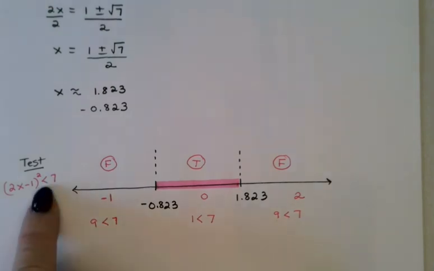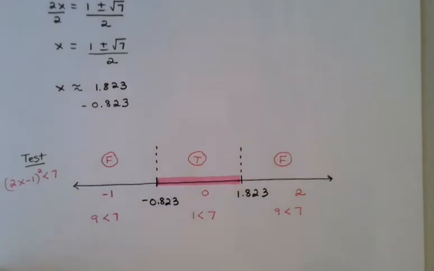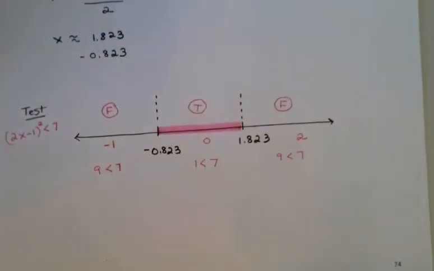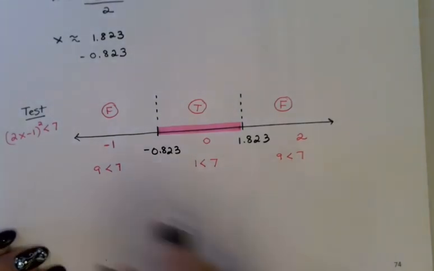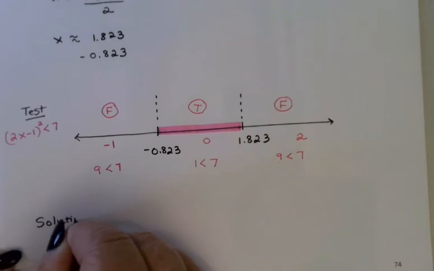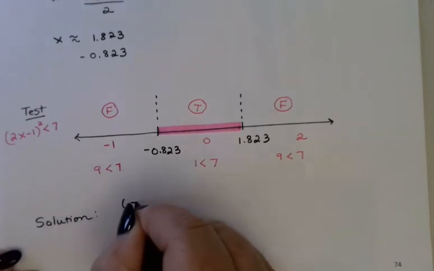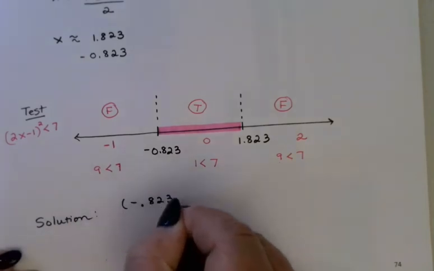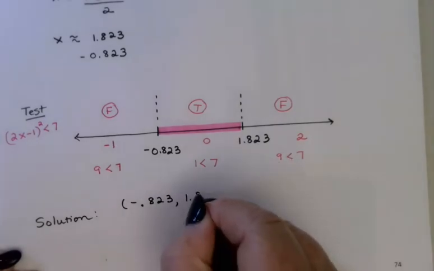Now my original inequality was strictly less than, not less than or equal to, so I'll use parentheses. And depending on whether I want an exact value or an approximation, I can either write negative 0.823 to 1.823.